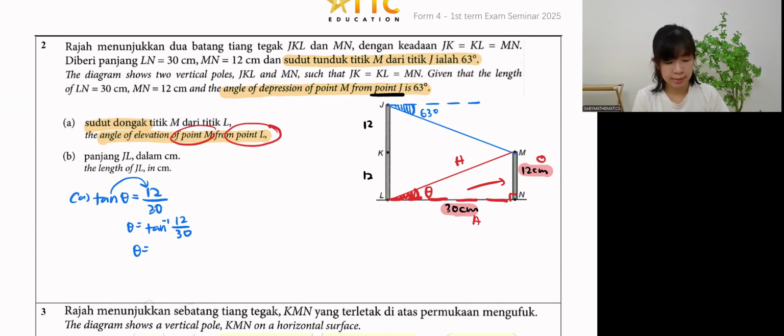Shift tangent 12 over 30, which is 21.8 degree. Shift tangent 12 over 30. Okay, now B. Find the length of JL. JL, where is it? JL.